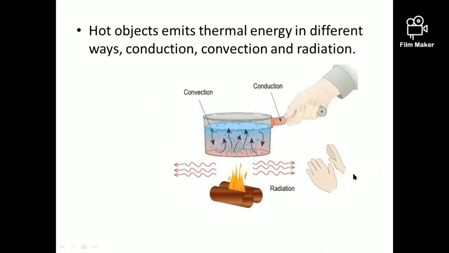And if you hold your hand close to a fire, you can feel the thermal radiation. There is no contact from here to here. So you can observe thermal radiation reaching from the fire to your hand. Those are some examples of moving thermal energy from one place to another. These are the main ways: conduction, convection, and radiation.